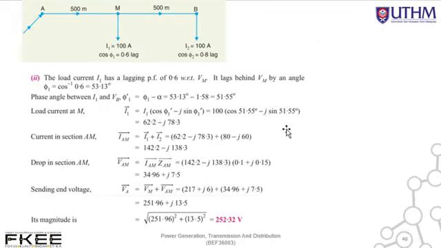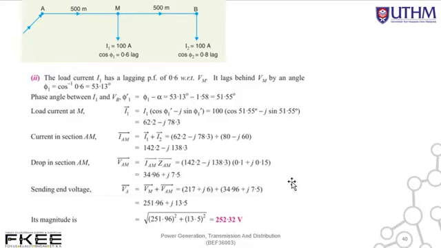So let's move on to the second part of the question, where you have to calculate the sending end voltage, which is VA, and the third part, where you have to find the phase angle between VA and VB.